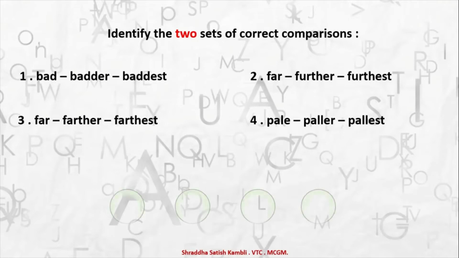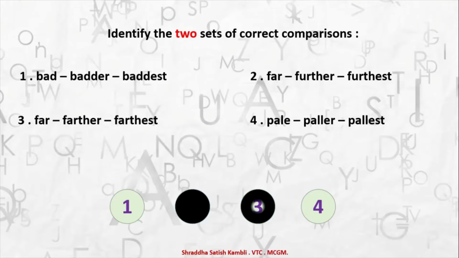Which do you think is the right one? It is the second option, far, further than, the furthest. Then you have far, farther than, the farthest. So the second and the third are the right sets.